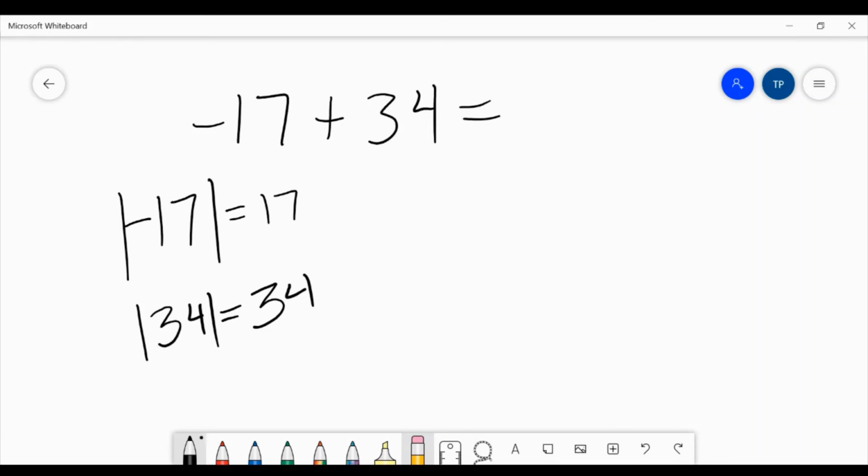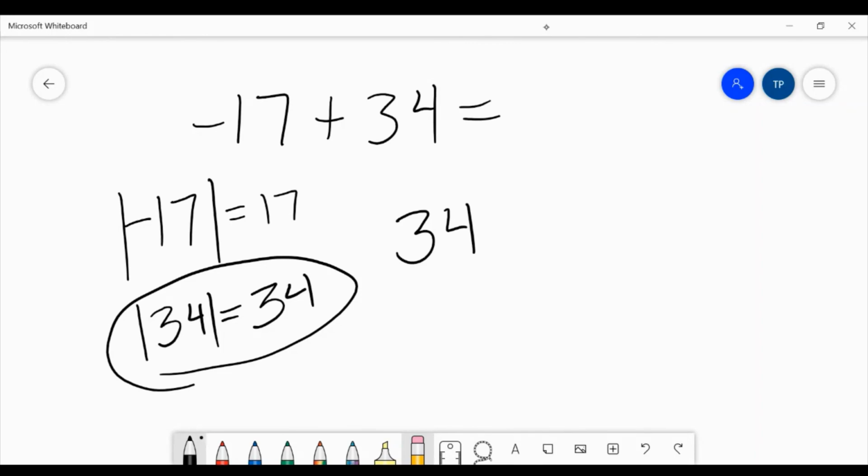Now, remember, we said whichever one has the greater absolute value. This one has the greater absolute value, so I want to put that one first, right? Because they're different signs, I know I'm going to subtract them. So I'm going to put the one with the greater absolute value first, and then subtract the next number. So now I have 34 take away 17.